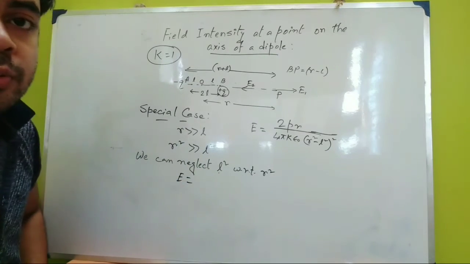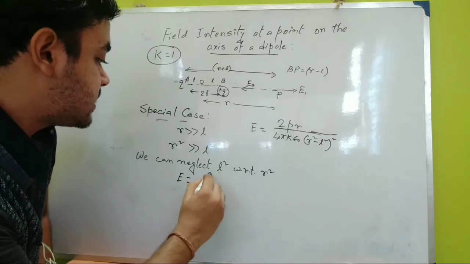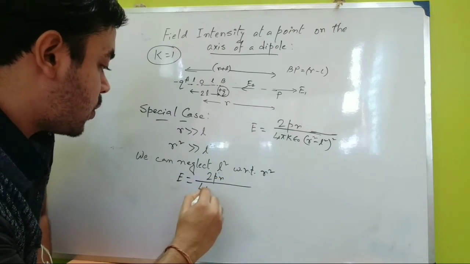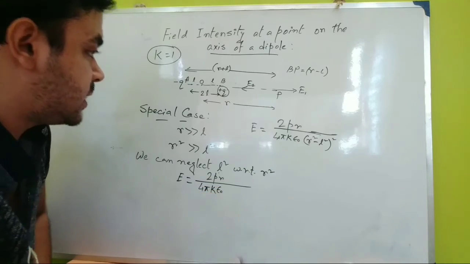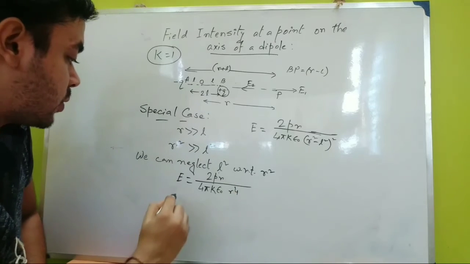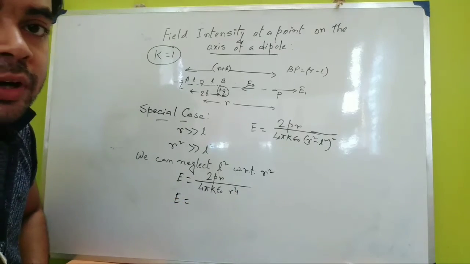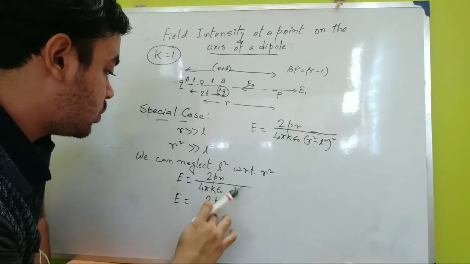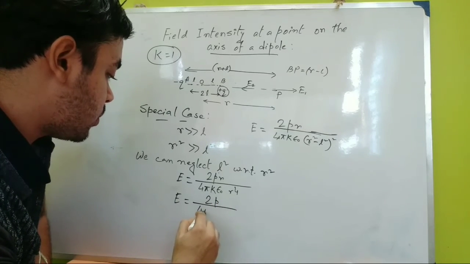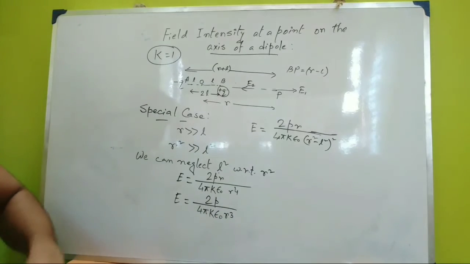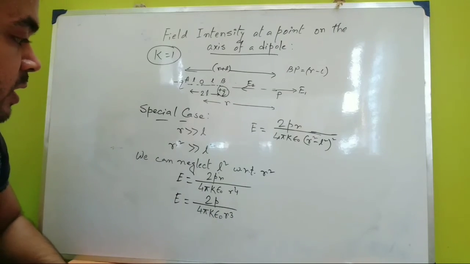In that case, E is equal to 2pr divided by 4 pi k epsilon 0 into, L square is omitted, so R to the power 4, or E will be equal to 2p divided by 4 pi k epsilon 0 R cube.